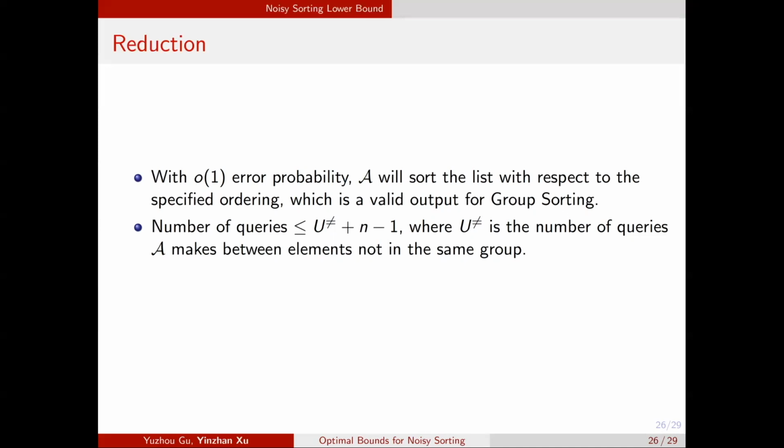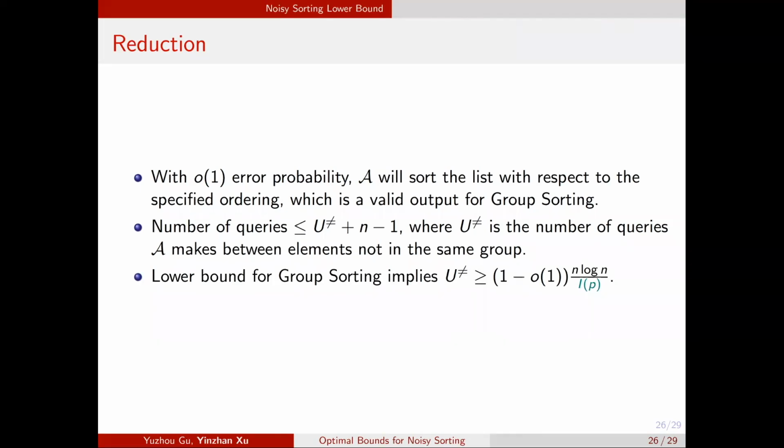However, because we are maintaining this data structure, and each time we make a query that returns that two elements are in the same group we add an edge to that data structure, and that data structure will always be acyclic, the number of queries we make between elements in the same group will be upper bounded by n-1. Therefore, by the lower bound for group sorting, we get that U_not-equal is at least roughly n log n over IP.